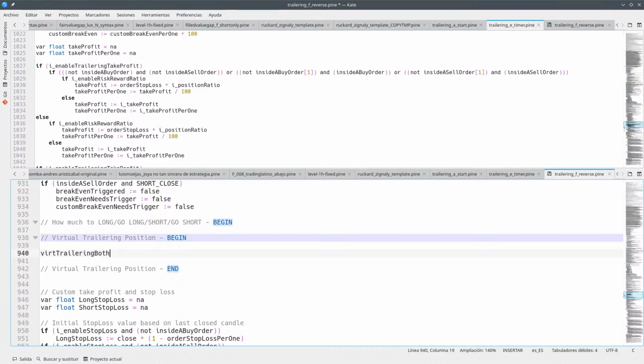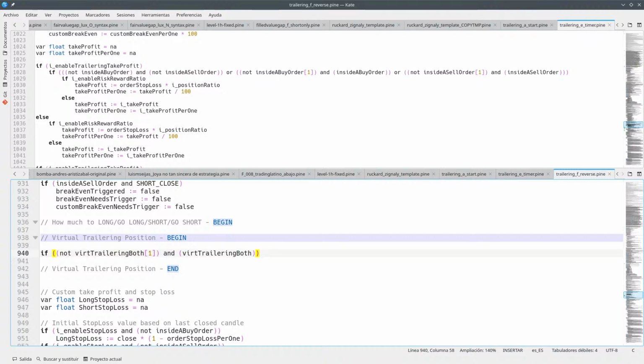So the idea is that if we are not in a position and we are in one of them, then what do we have?